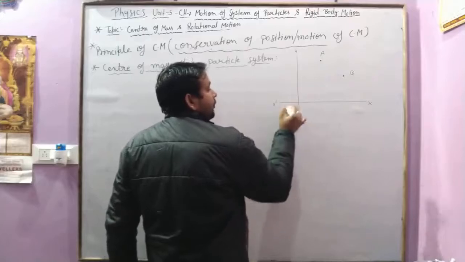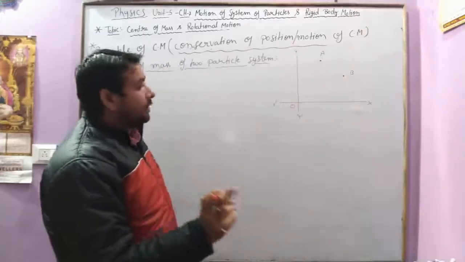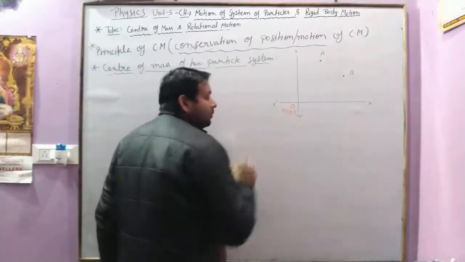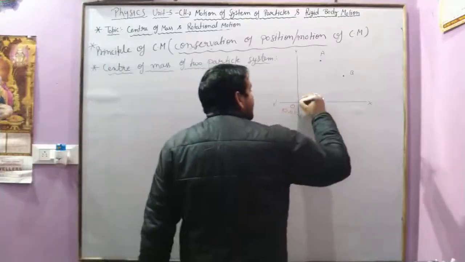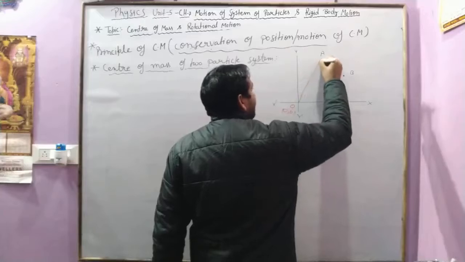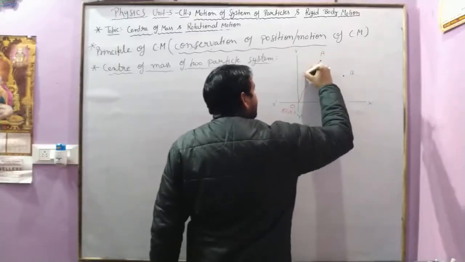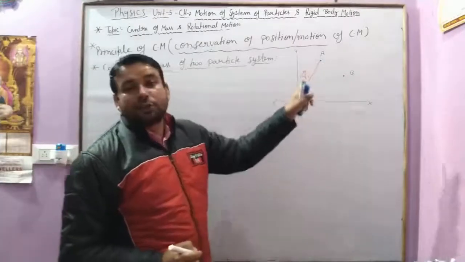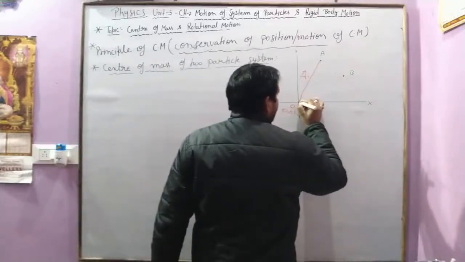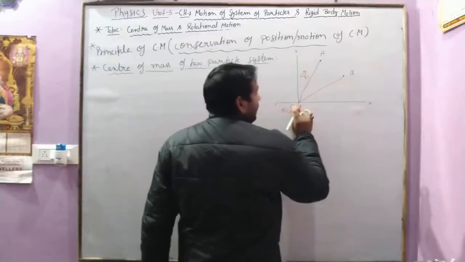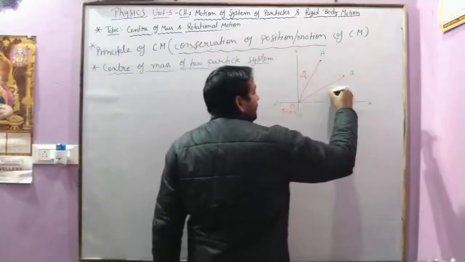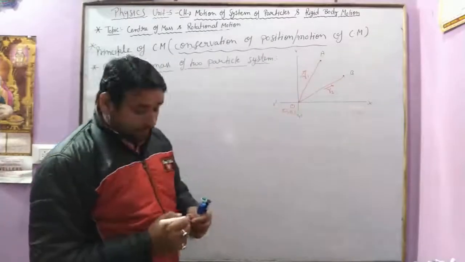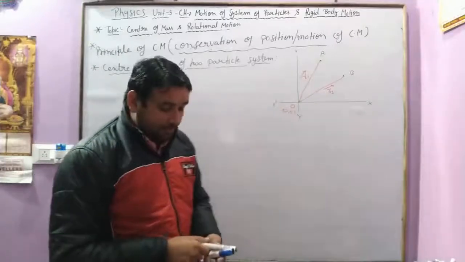This is the point of origin, where the horizontal and vertical axes intersect each other, called O. Now the distance of particle A from origin is R1, in vector form vector R1, or OA, called the position vector, and the distance between B and O is R2, or in vector form vector R2, OB, called the position vector.